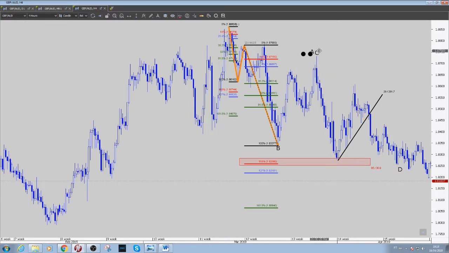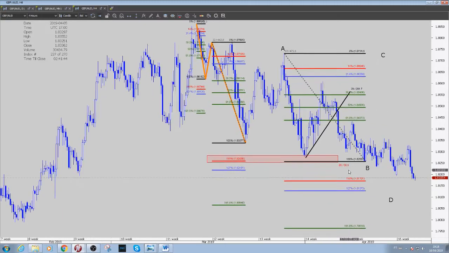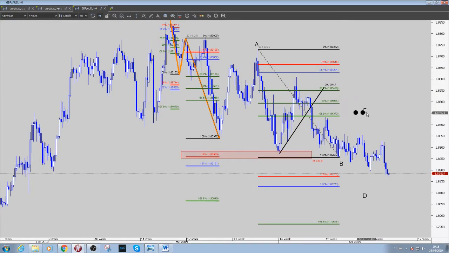A goes to C, right? A goes to C and B goes to D. So this is the B, and we have the new Fibonacci sequence, right? So A, B, this is our C, this is our D.